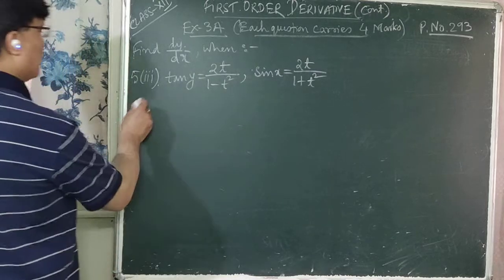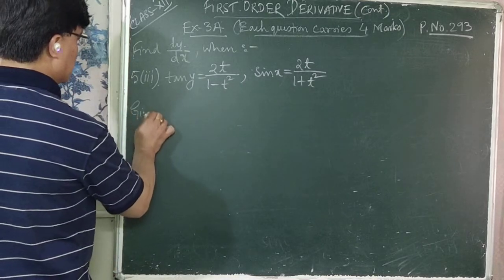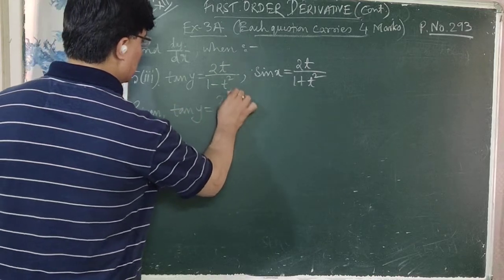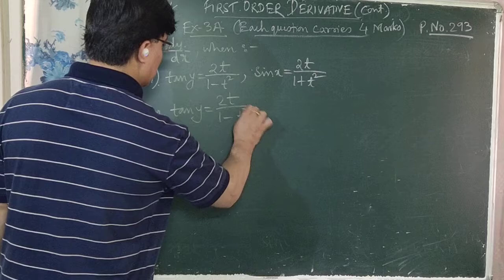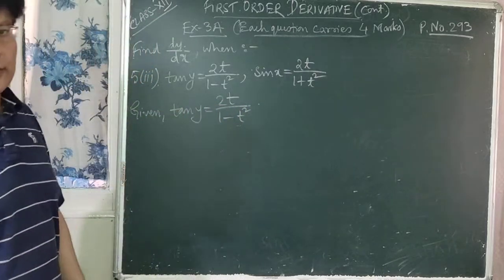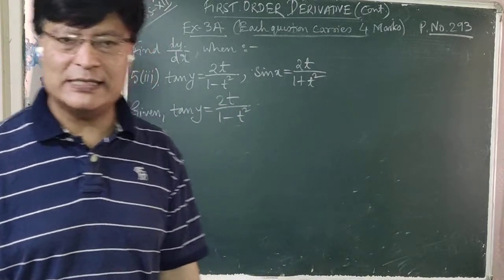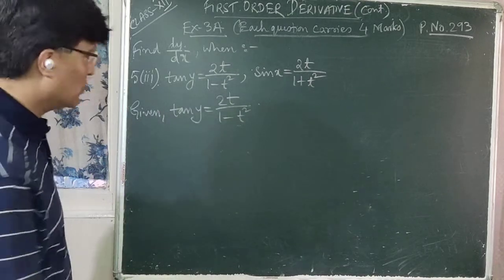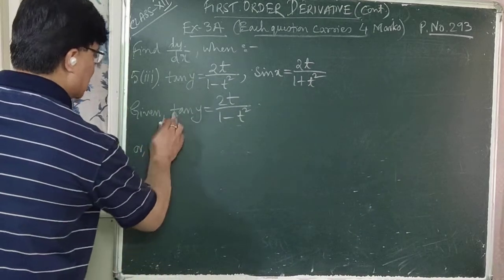So let us simplify the first one now. Given is tan y is equal to 2t divided by 1 minus t square. First of all, you have to get the value for dy by dt, but you cannot differentiate it directly because it will be complicated. So let us take tan to the right hand side.